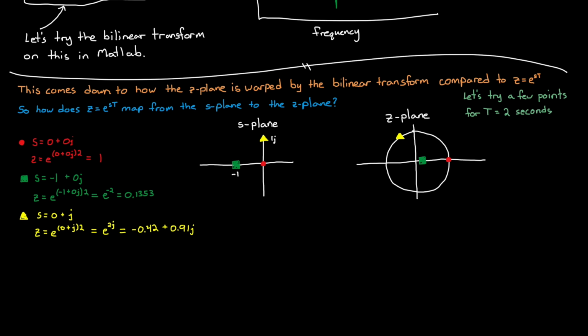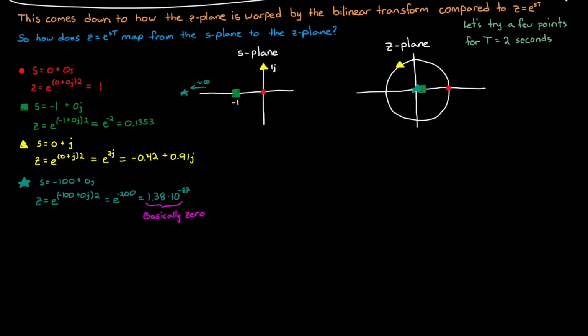And finally, let's try a point at s equals minus 100, which is practically negative infinity for this system. And it maps to 1.38 times 10 to the minus 87, basically 0. So points near negative real infinity map to the origin in the z-plane.